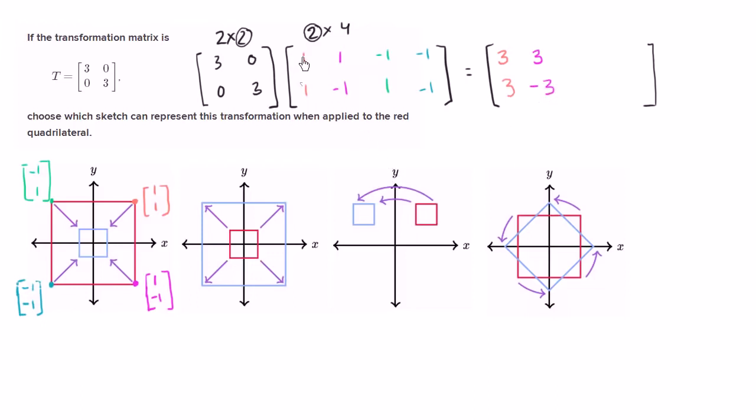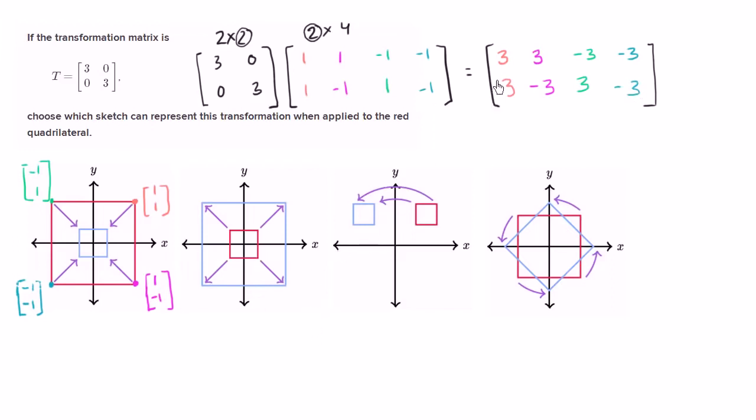So it's just scaling each of these up by a factor of 3. We get -3, 3, and then finally -3, -3.